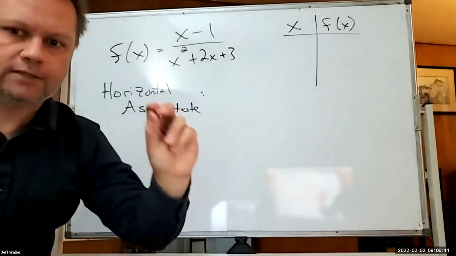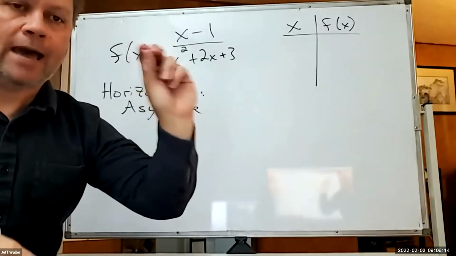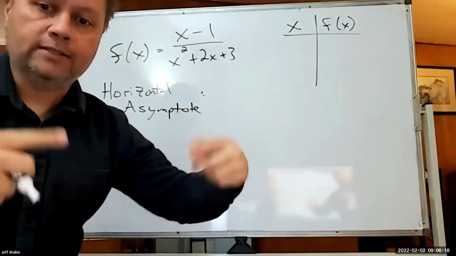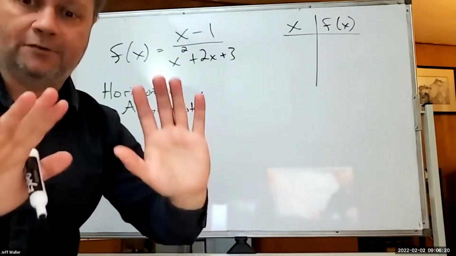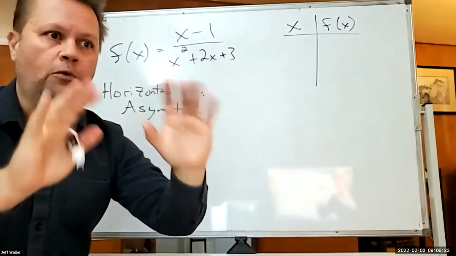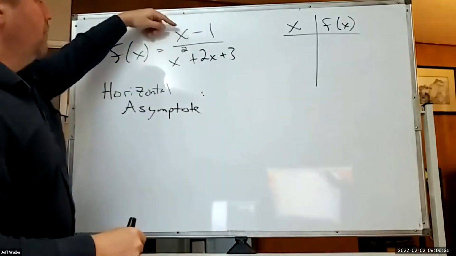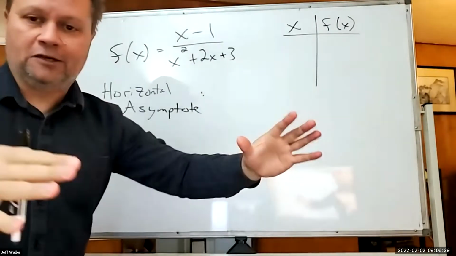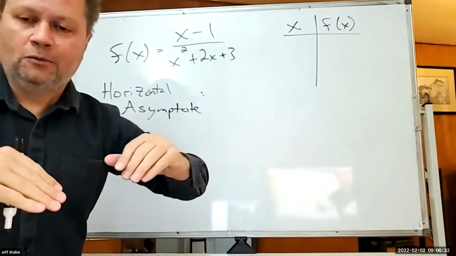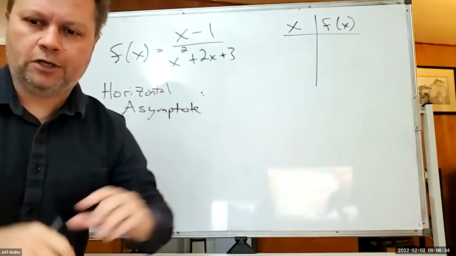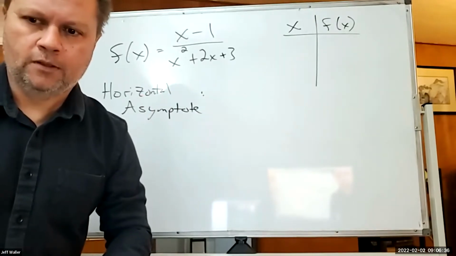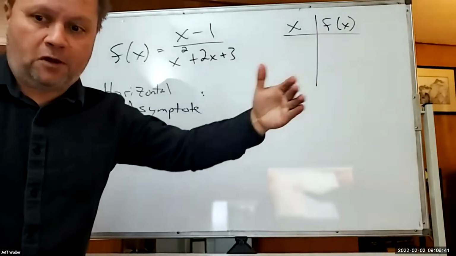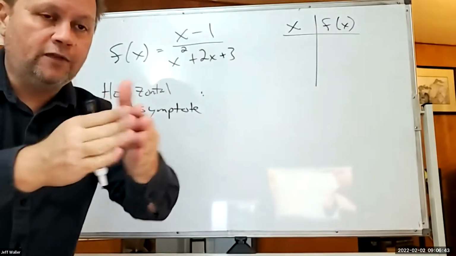And the reason that's important is because that means the bottom will grow faster the bigger x gets. Now, think about this. Before I make this table, what should happen if I am dividing by something that's growing faster than the top is? What should the answers get closer and closer to? Zero, of course. Because if I'm dividing by bigger, bigger, bigger, my answer should get smaller, smaller, smaller. And it should eventually go to 0.